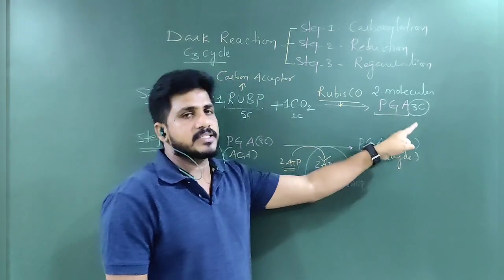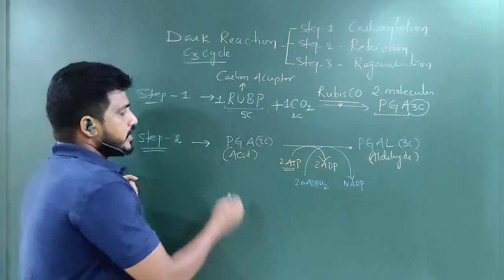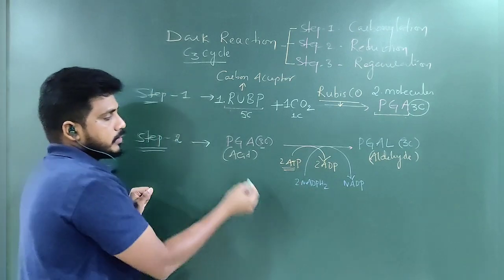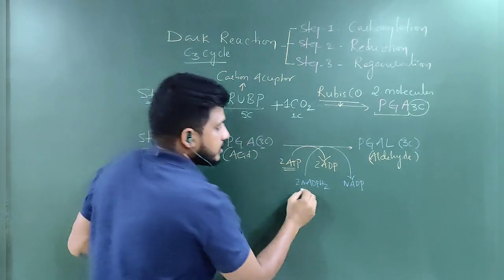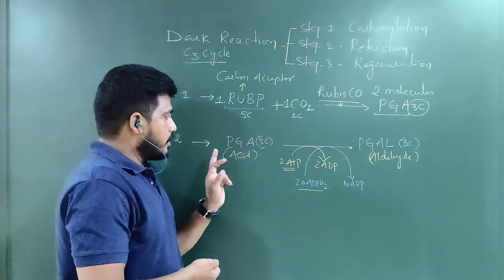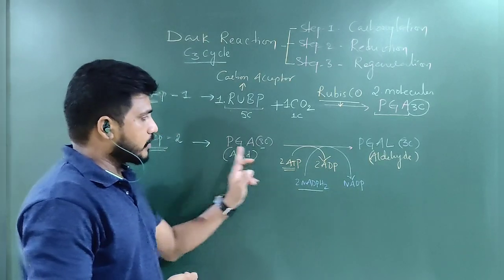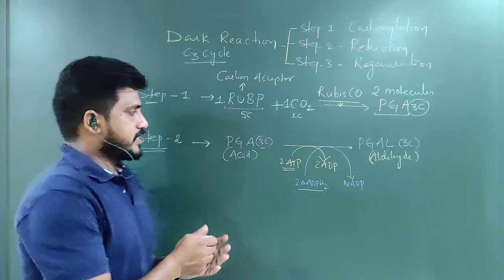So total 2 into 3 is 6 carbons. So 2 PGA molecules require 2 ATP and 2 NADPH2. No confusion. Then for 6, 6 are required. That's it.